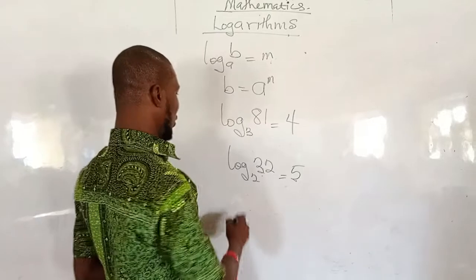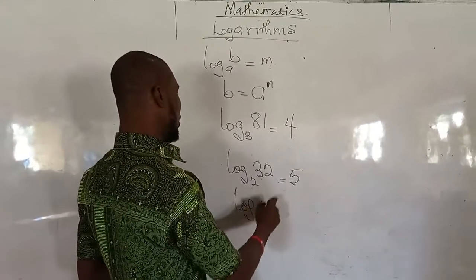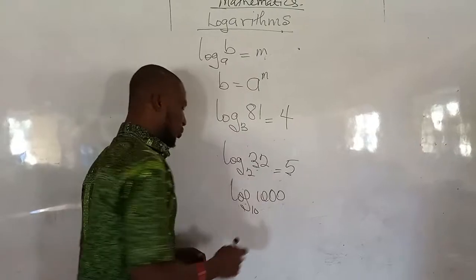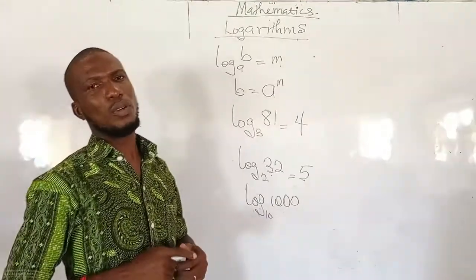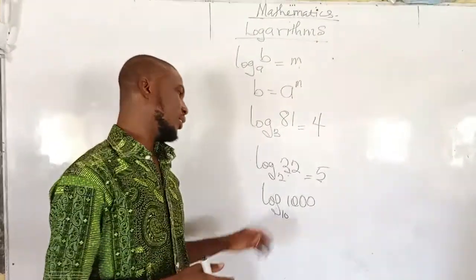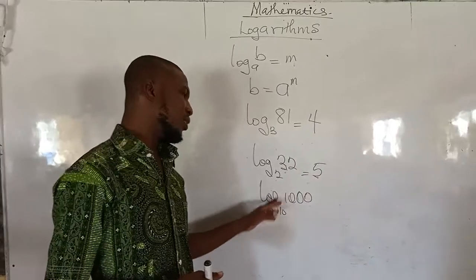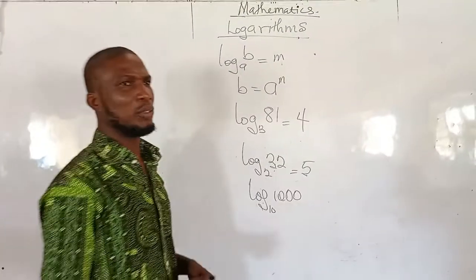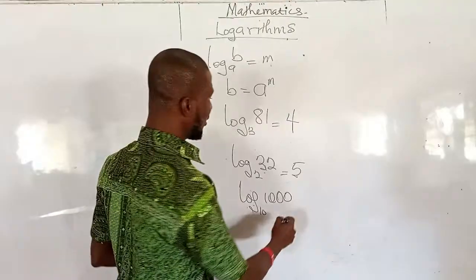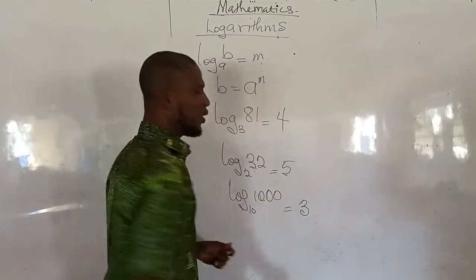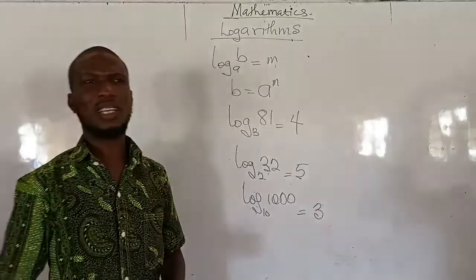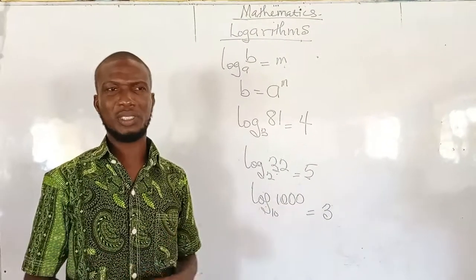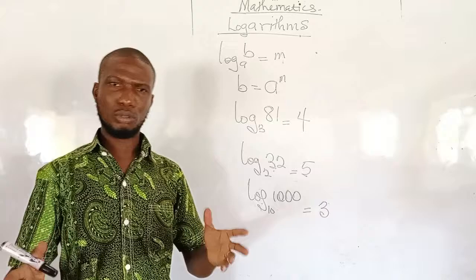Then again, let's say log 1000 base 10. You are just asking what number this 10 would raise to give us 1000. That is 3, because 10 exponent 3 is 1000. And you can verify all these answers with your calculator. But I am just here to help you with the meaning, what it means, and what you do.